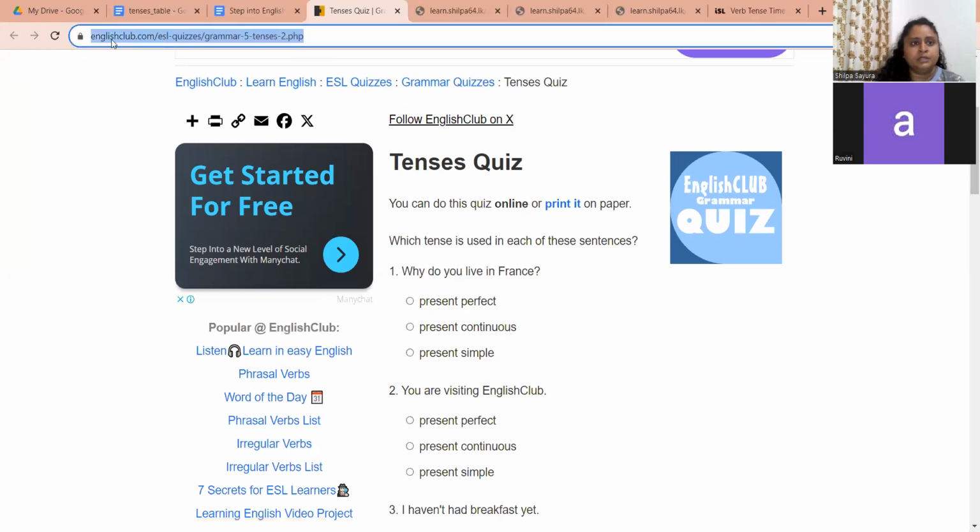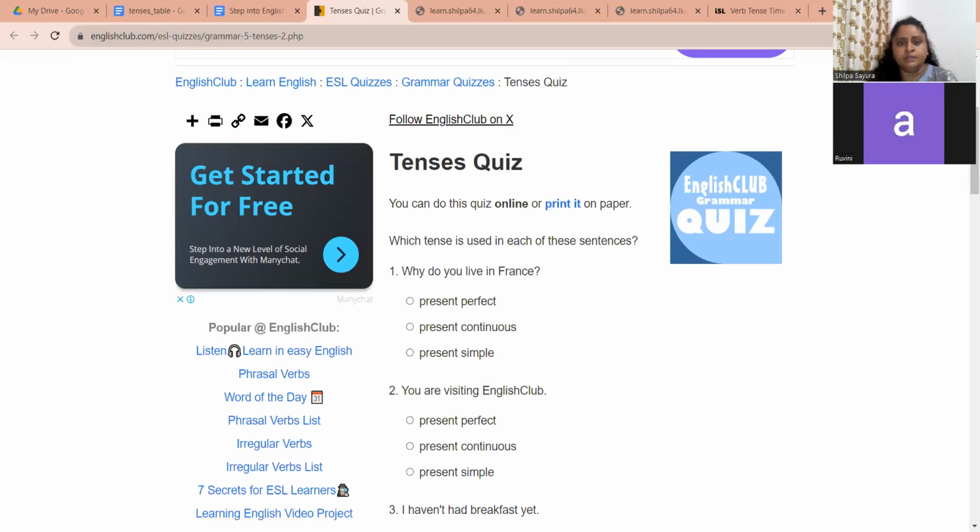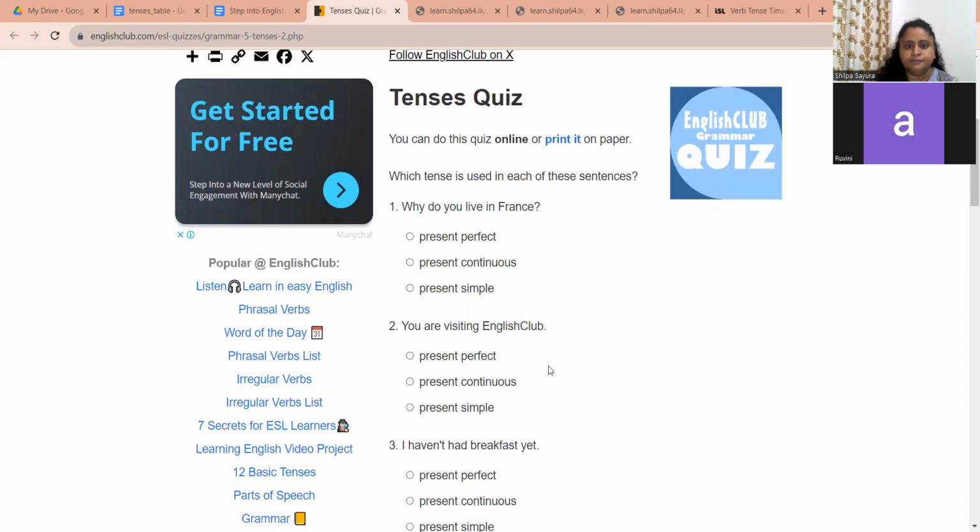Okay, I'll share that link with you, and you can use that later on. So do you find it interesting? Is this clear? Do you have any questions to ask, before we move to our tenses quiz? Yeah, clear. Good. You can do this quiz online, or else you can have a print also.